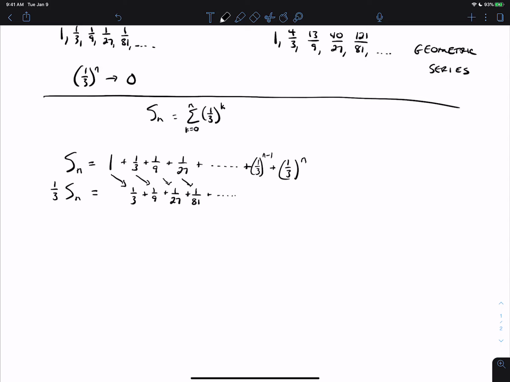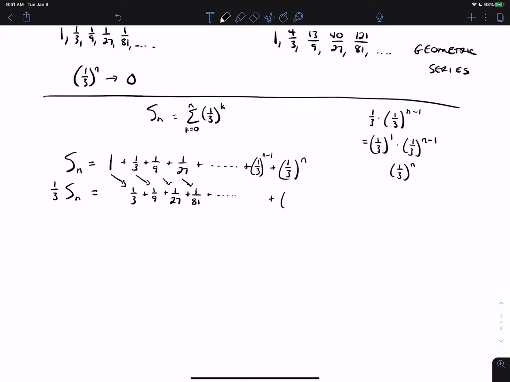And now if I multiply 1/3 by 1/3 to the n minus 1, here is what happens on the right. We can think of 1/3 times 1/3 to the n minus 1 as 1/3 to the first times 1/3 to the n minus 1, and we add powers. 1 plus n minus 1 is n, so this is equal to 1/3 to the n.